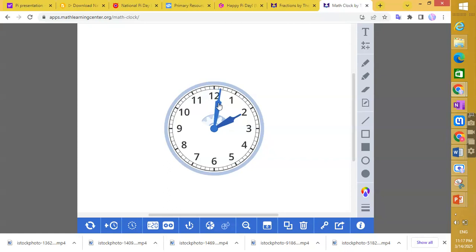This is a minute, this one is a minute, another minute, another minute. How many minutes do you have here so far? I have 5 minutes. So we are counting by fives when we are dealing with minutes. If I want to move from 1 hour to another, I have to count by fives to know how many minutes I have.